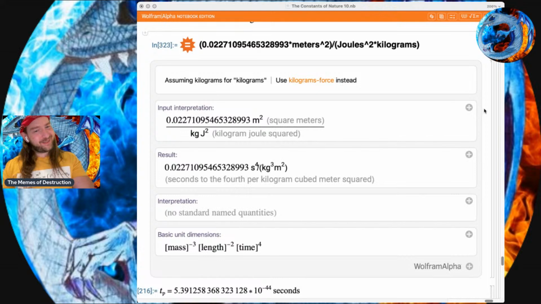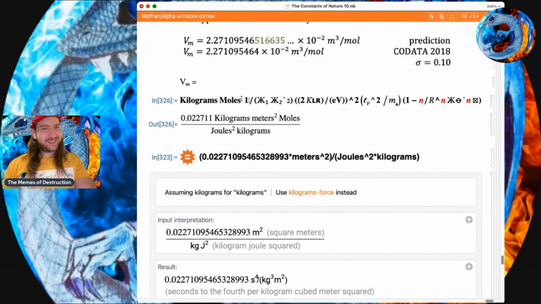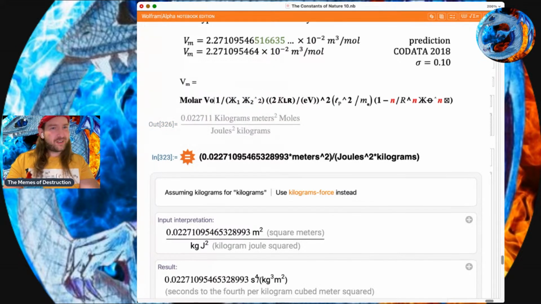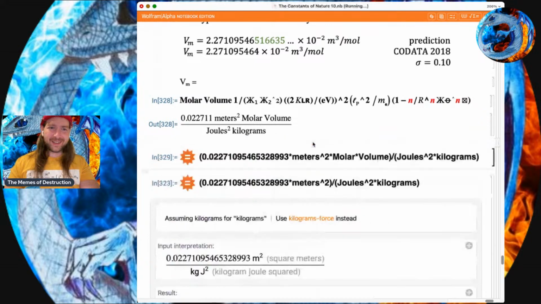Okay, so we need 5 of those. So if we divide it by molar volume, let's try 1 over molar volume. Let's try molar volume. I think that's what we're trying to express. Let's see.